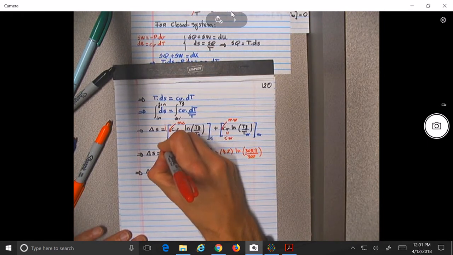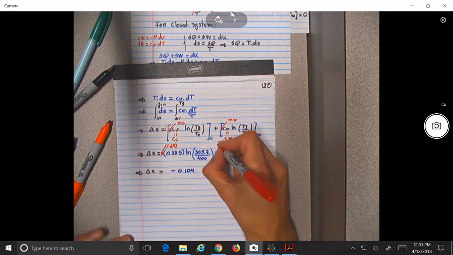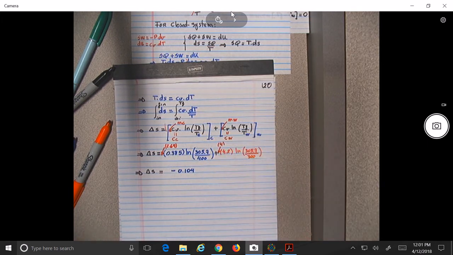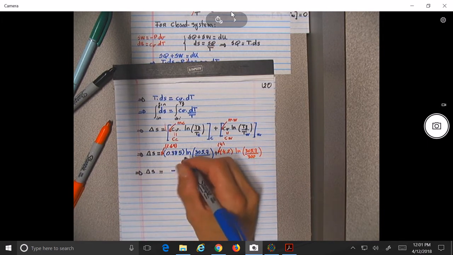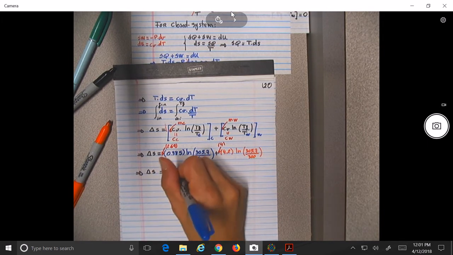It's not going to change anything, but I don't want to do something that then you're going to say is wrong, okay? So then this one will become what?